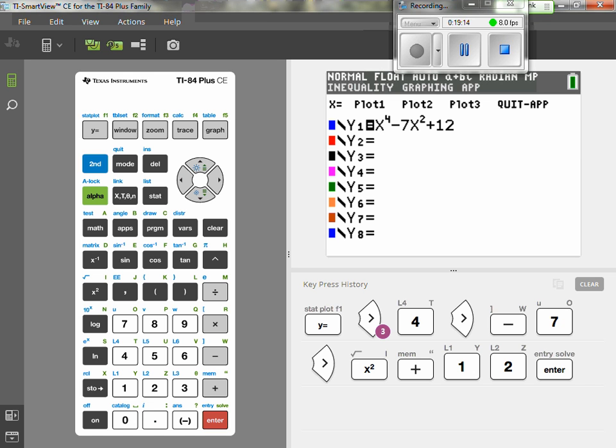And when you type it in, it should look exactly like this here. And once you get finished typing that in, hit graph.